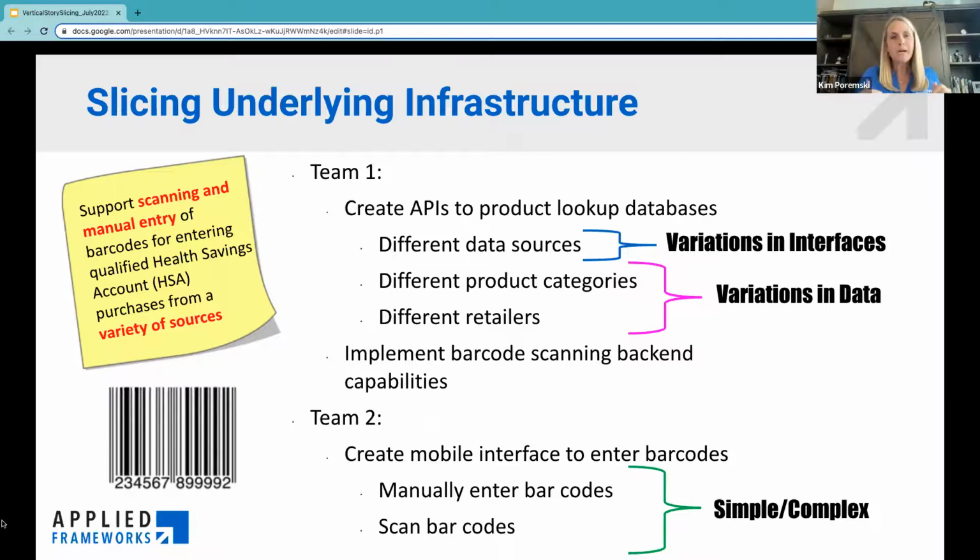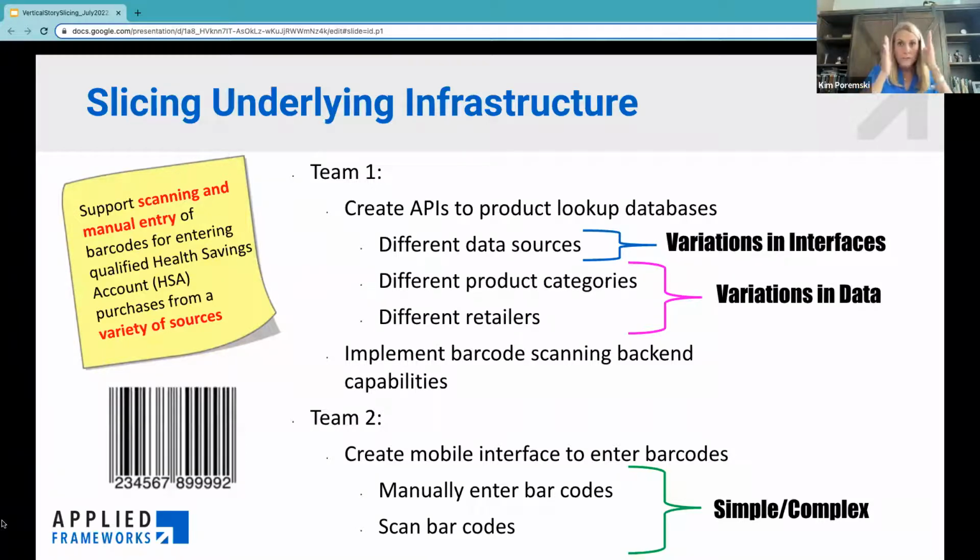And what we talked about was, you know what? I don't think that everything team one is doing is all underlying infrastructure. What team one could do is say, we are going to plug into just this one data source, a very limited set of data, and we are going to coordinate with team two.